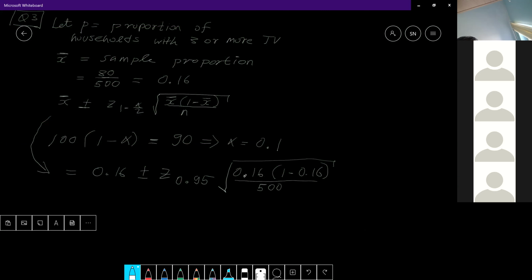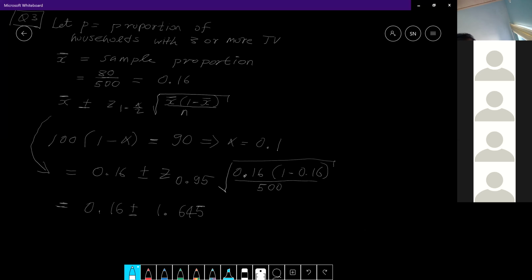Okay, so this is your confidence interval, and now you can read this value from the normal table. If you read that from the normal table, it will be 0.16 plus or minus approximately 1.645. That's the value that you will get if you read it from the normal table.